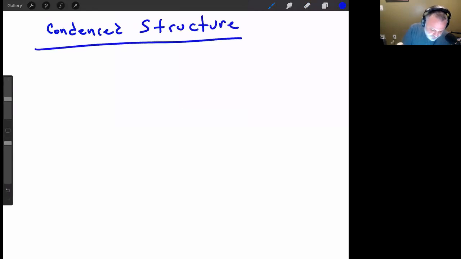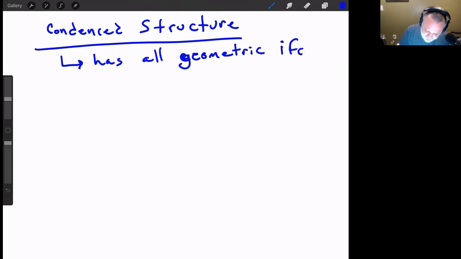One of the important parts about a condensed structure is that it has all the geometric info.